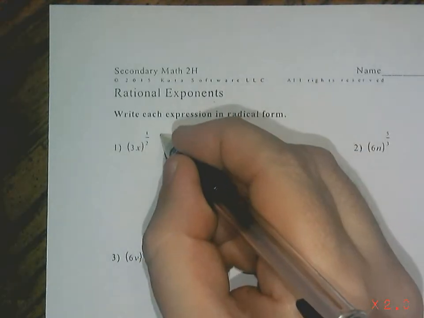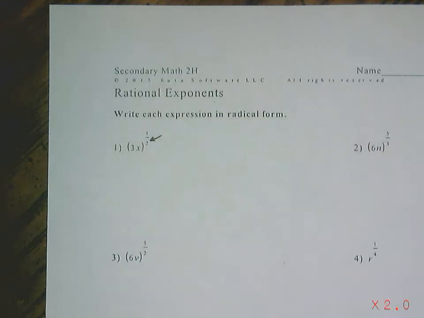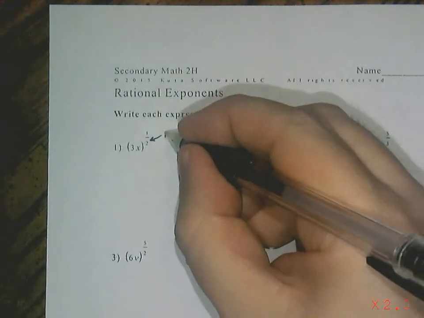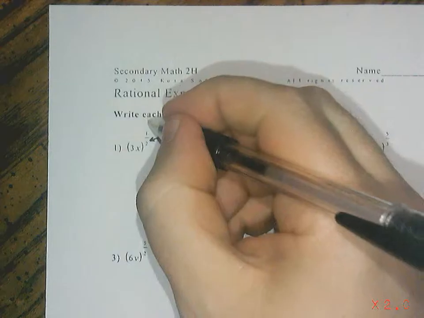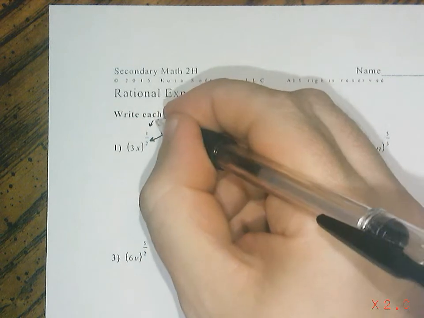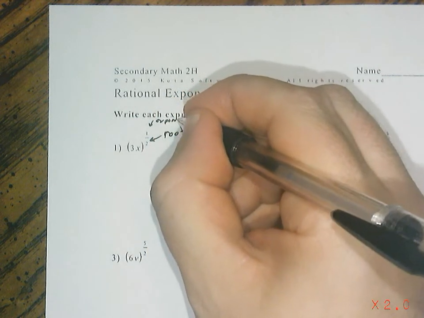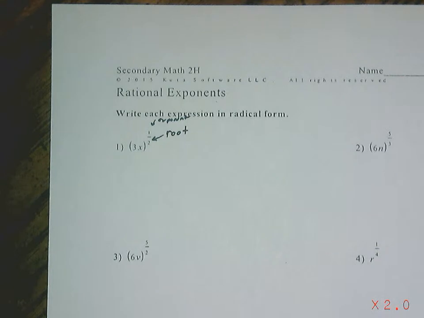This bottom number tells you the root that you are finding. Since it's a 2, it's a square root. This top number is your exponent. So that's what you're going to raise everything to when it's all said and done.